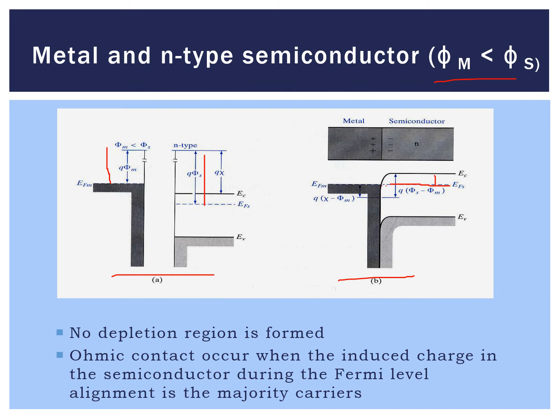That means there are more majority carriers populated at the junction, and therefore there is no depletion region in this junction. Therefore the ohmic contact occurs when the induced charge in the semiconductor during the Fermi level alignment is the majority carrier.